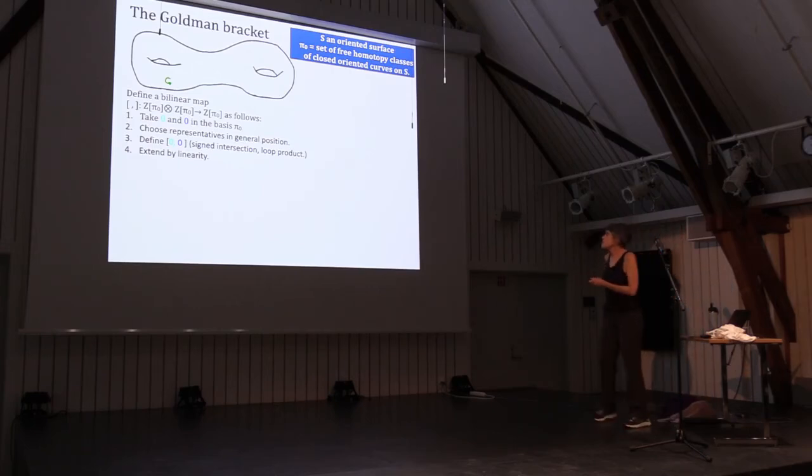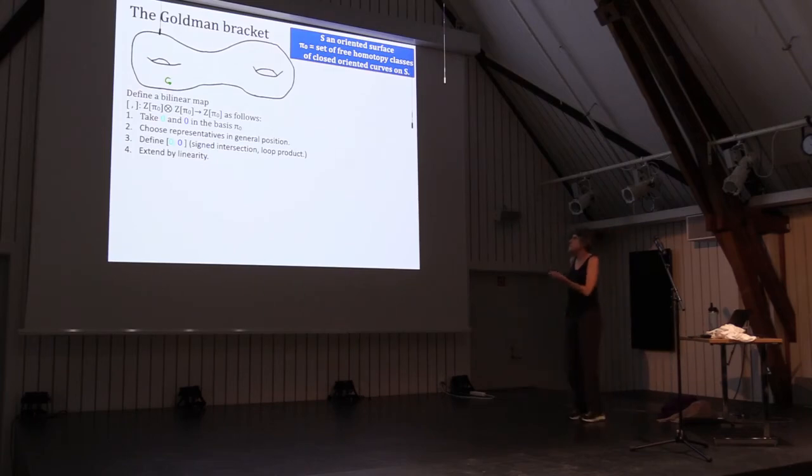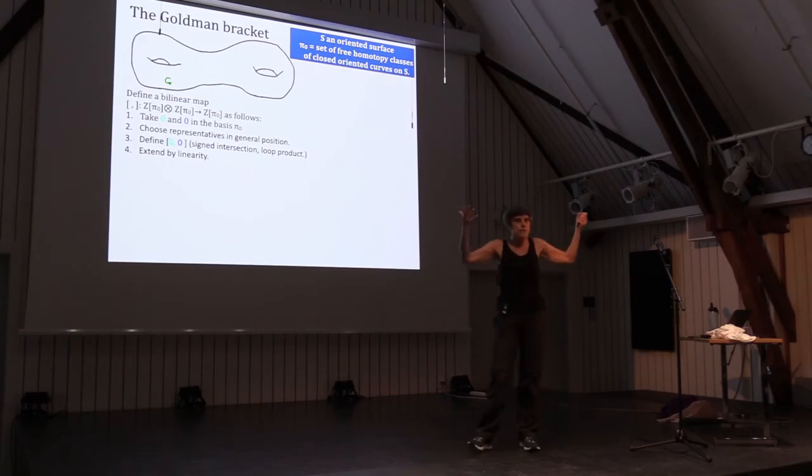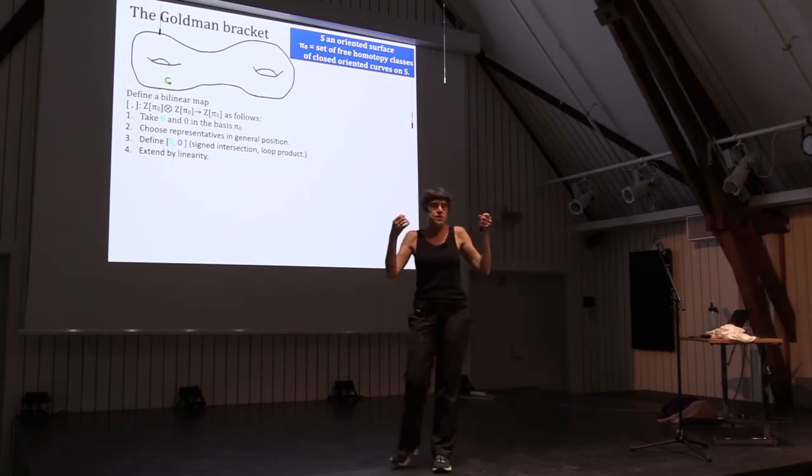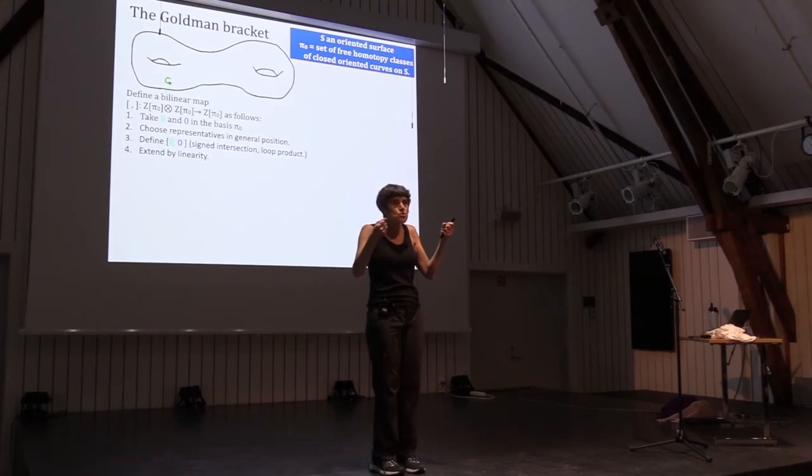So here is my definition. We are going to take linear combinations, and the coefficients, you can choose your favorite field. Well, let's say Z here, the integers. So I'm going to define a bilinear map. The bilinear map is defined on any pair of elements of the basis. So take 2 classes and choose one representative of each class.